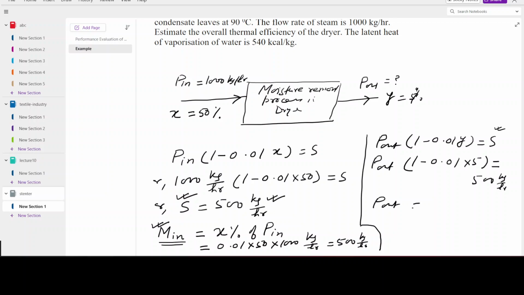So P out is equal to 500 divided by 1 minus 0.05. This comes out to be 526.32 kg per hour.